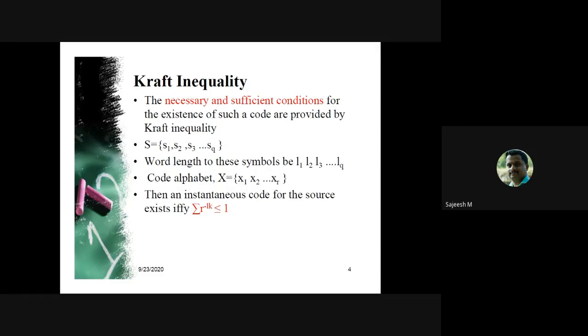In place of r we write 2 for a binary sequence. This is the Kraft inequality.